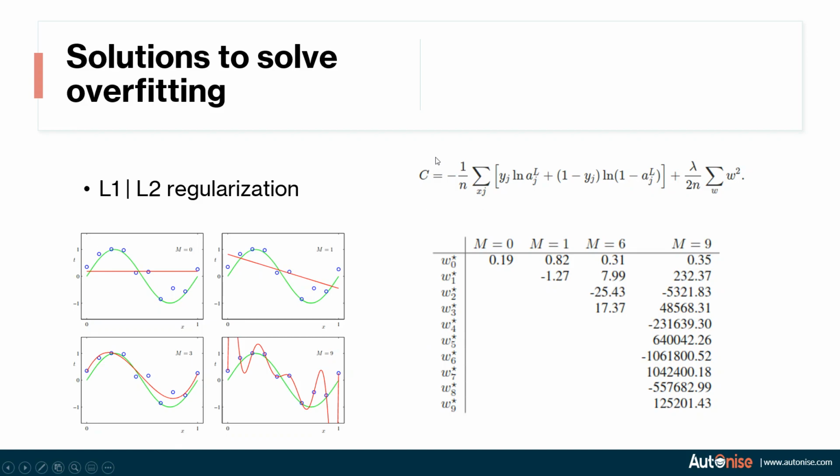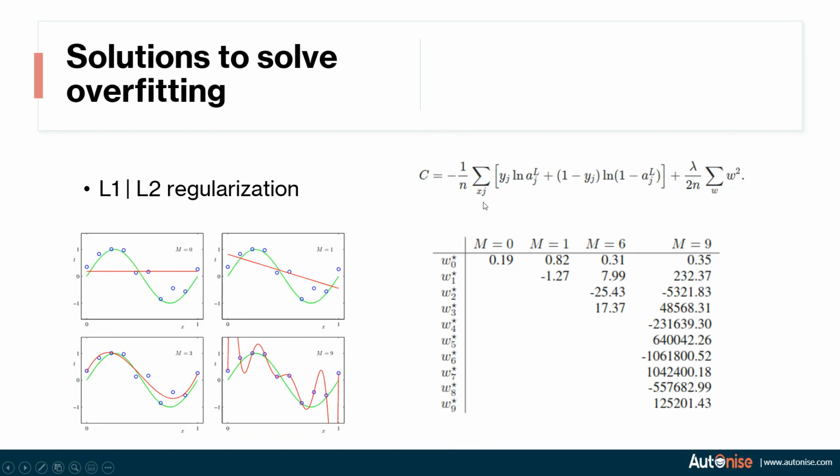This is our cost function. The first term is the sigmoid plus cross entropy loss term, which is the standard cost function. We add another term over here, which is the sum of the squared weights. So if the weights are large, then the cost function becomes very large.